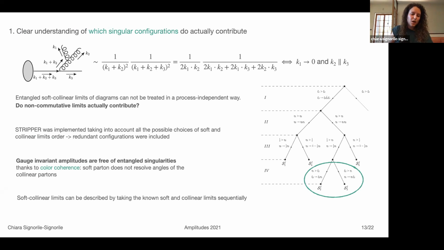And this is quite a complicated business that, thanks to color coherence, is in the end not really necessary. So I just want to stress that all the limits that I will mention in the following are understood to commute when acting on the real matrix element. And this is true thanks to color coherence, which is a crucial ingredient that is extremely useful to design a minimal scheme.